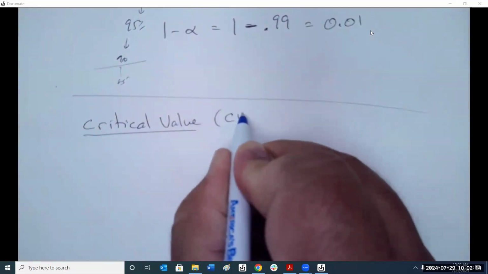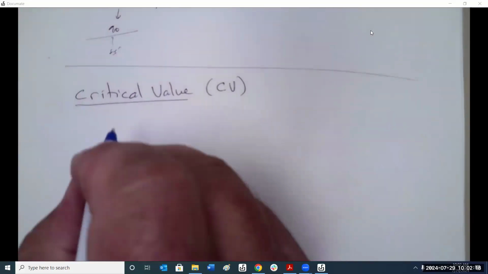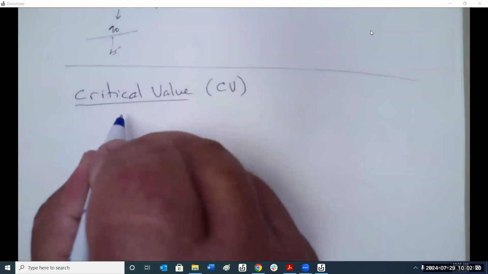The critical value, or CV. So we talked about this earlier.